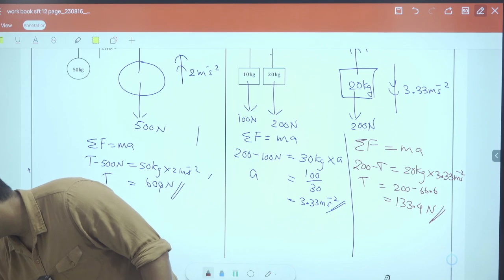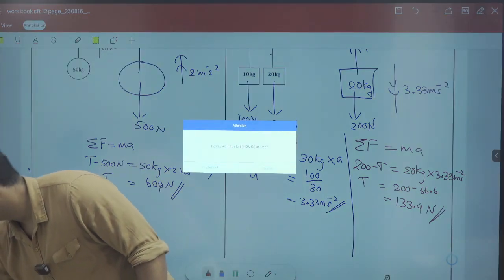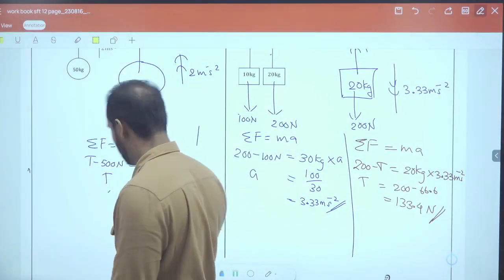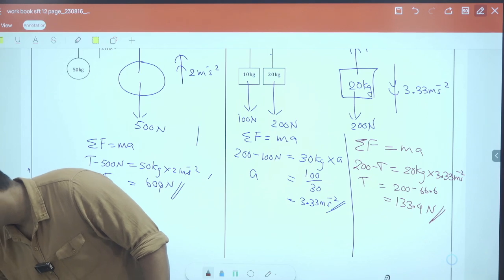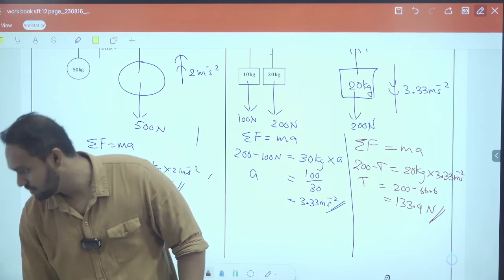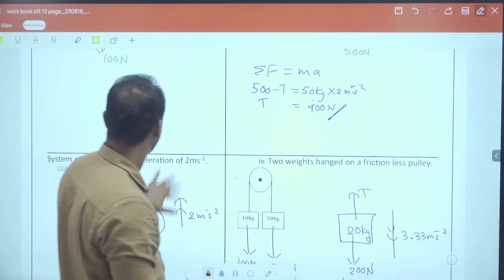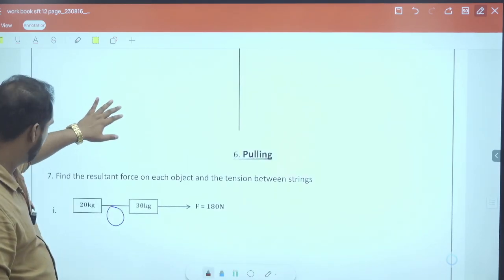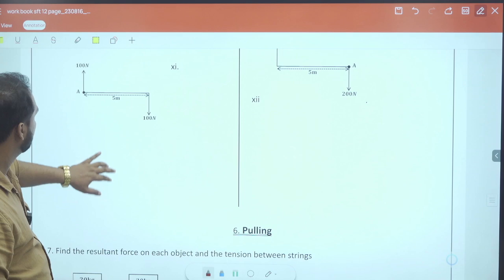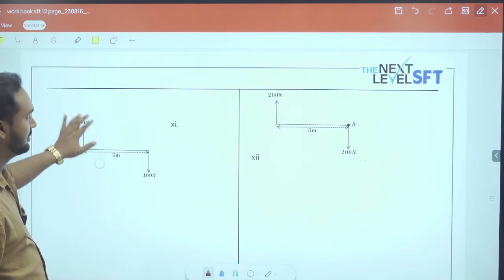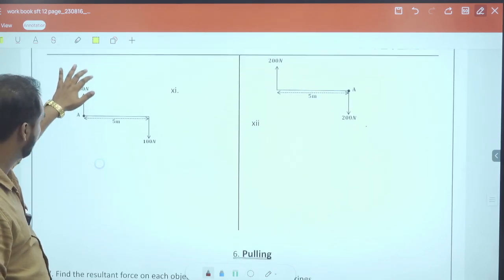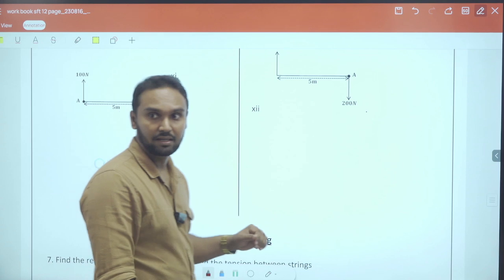Give me a second. Right, page number 7. This one. This is page 7, right? No, page number 10, right?